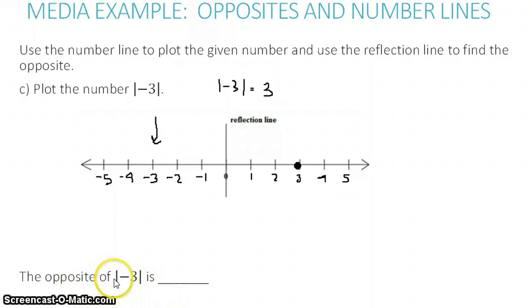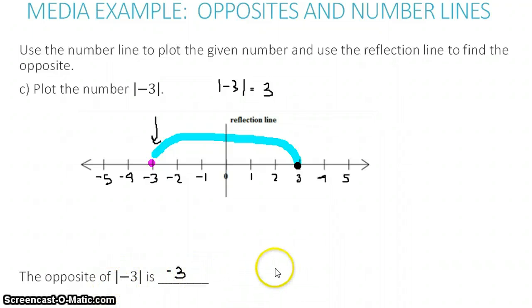So the opposite of the absolute value of -3, well, that's going to be our reflection about the reflection line, 1, 2, 3, 1, 2, 3 in this direction. So this is our opposite. So the opposite of the absolute value of -3 is -3.